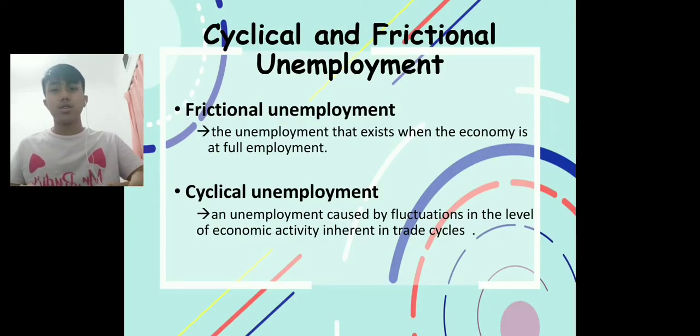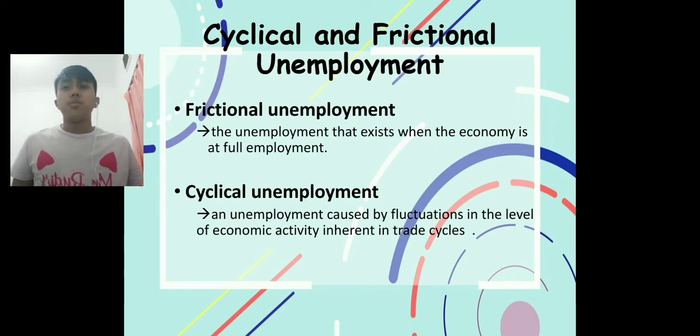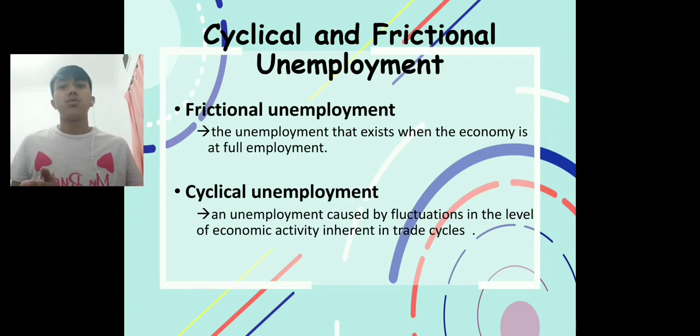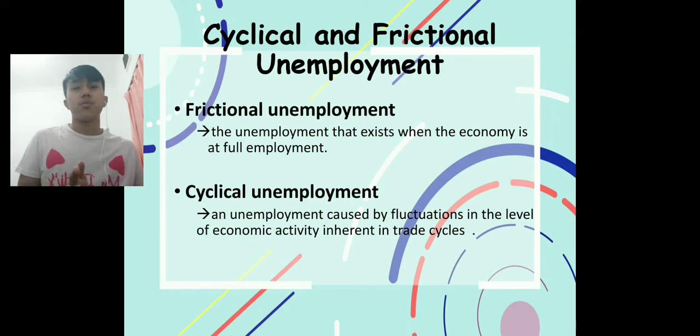Cyclical and frictional unemployment. Okay, so frictional unemployment means those people who are in the process of moving from one job to another and who therefore appear in the unemployment statistics collected at any given time.